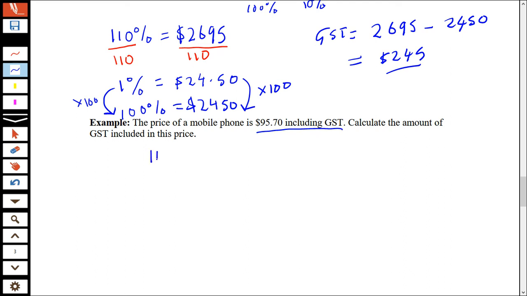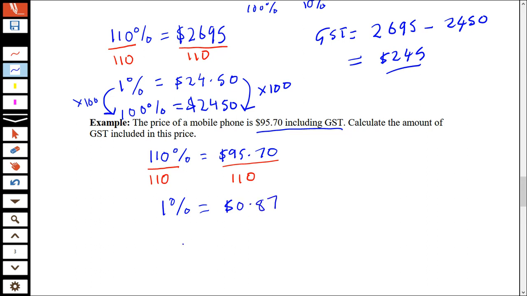So same steps as before, write down, well, that's 110% is $95.70, and then to find out what 1% is, divide by 110, so it gives me 1% is equal to, it gives you 87 cents. So we're going to write that down as $0.87.